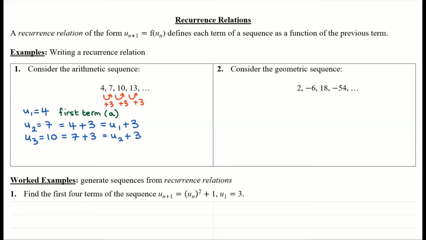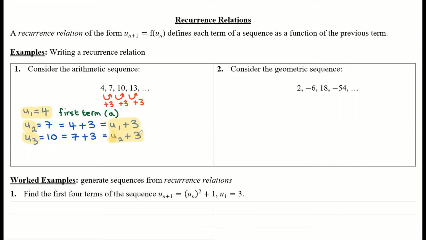Now, notice what we've got here. We've got a pattern. We've started with U1 equals 4. Now that was given to us. We have to have a starting point, otherwise there are an infinite number of possibilities of creating sequences where you add 3. Now for U2, once we'd broken it down, we had it as U1 plus 3, and then we created U3 by adding 3 to U2.